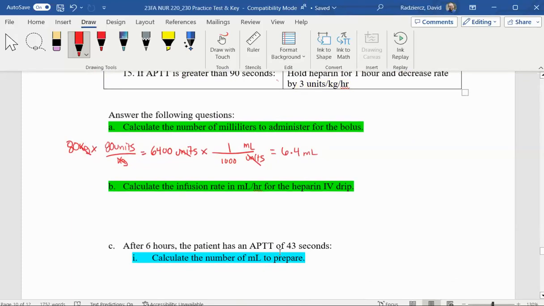Okay. So same patient. Patient's weight is the same. So I'm going to take 80 kilograms.